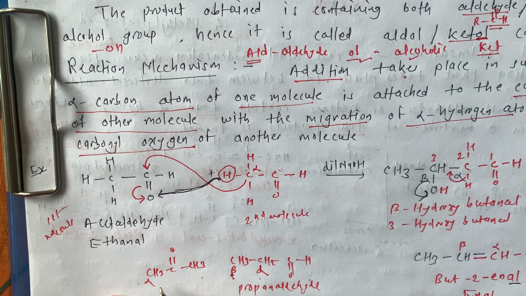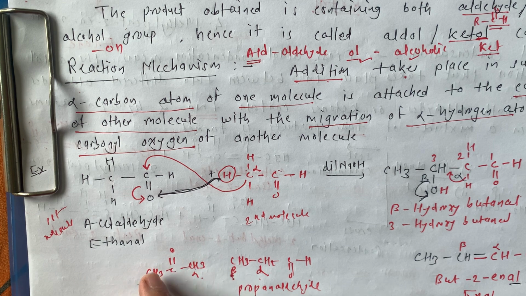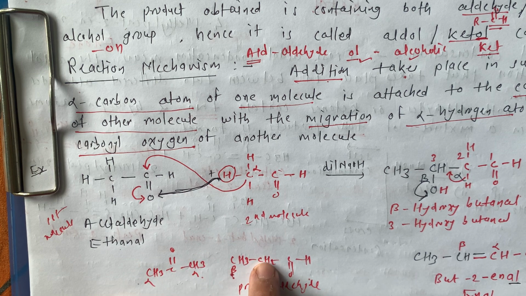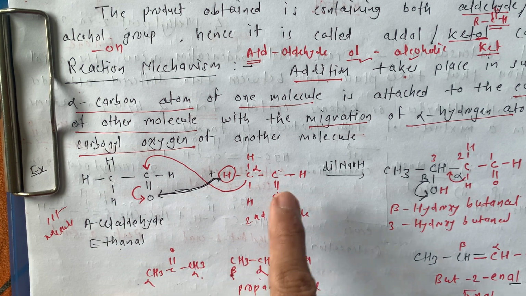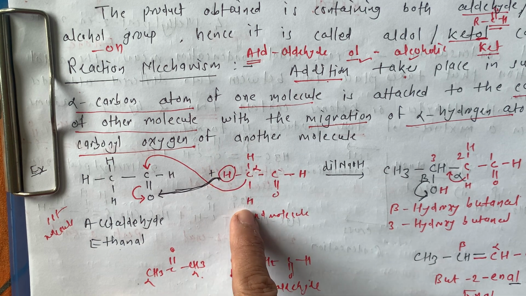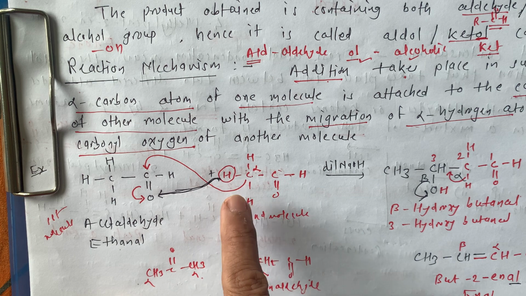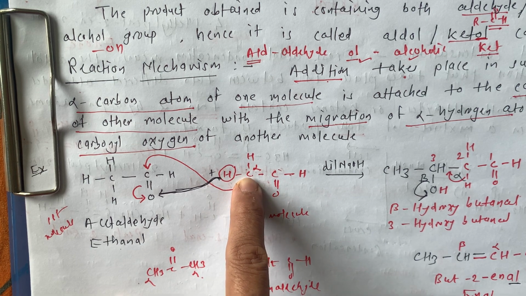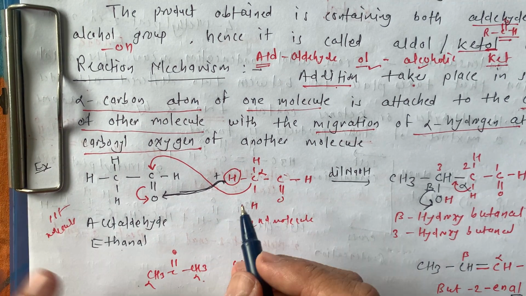In a ketone, these two are alpha carbons, and the hydrogens attached to these carbons are known as alpha hydrogens. These three here, while here are two. In acetaldehyde, again three are there, which are alpha hydrogens attached to the alpha carbon. Okay, so what is going to happen?